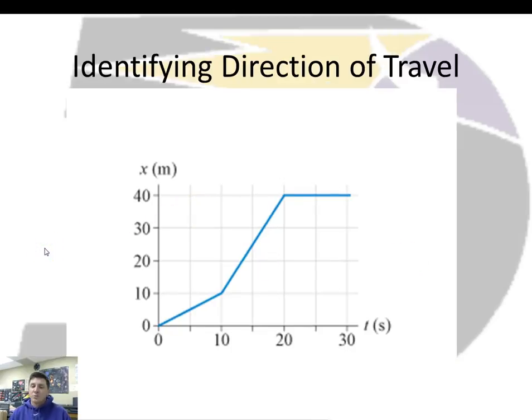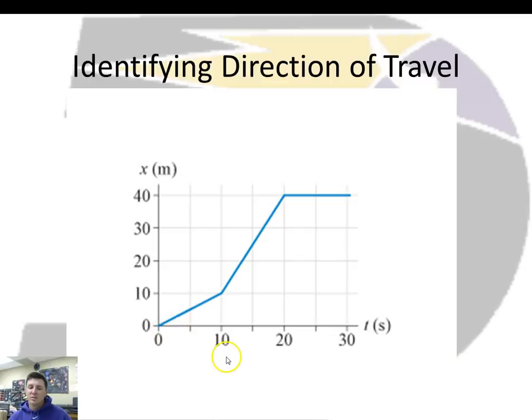The direction of travel is also determined by the line. So if we are going above the number line, here would be 0, that's basically moving to the right.